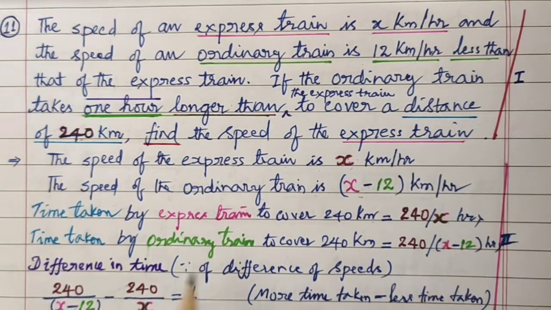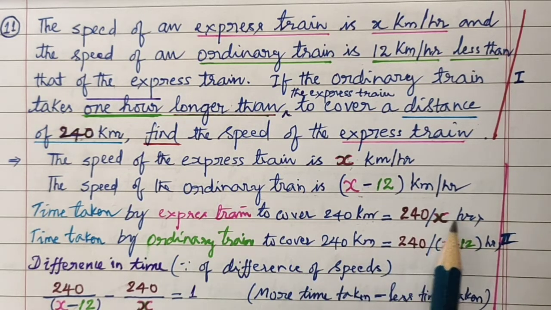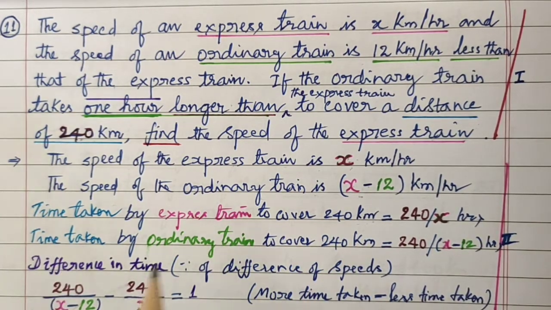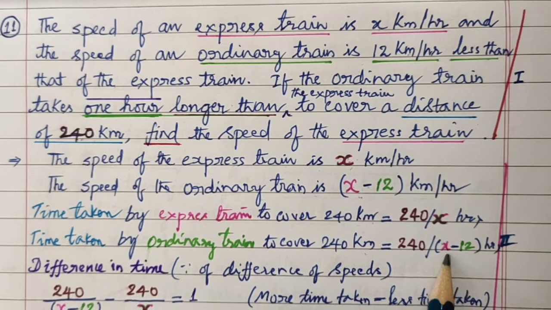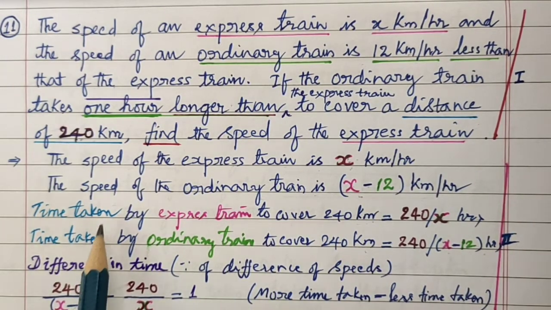Time taken by the express train to cover 240 kilometers is equal to 240 divided by x hours. Time taken by the ordinary train to cover the 240 kilometers is number of kilometers divided by speed. x minus 12 was the speed of the ordinary train. So now what they are telling, the difference, because this takes 1 hour more.